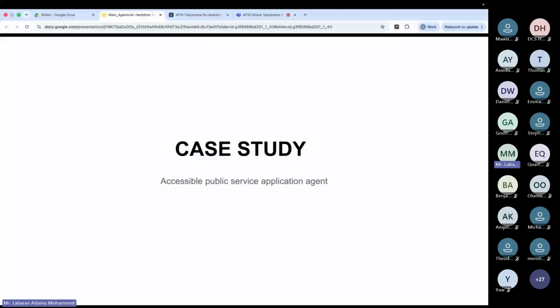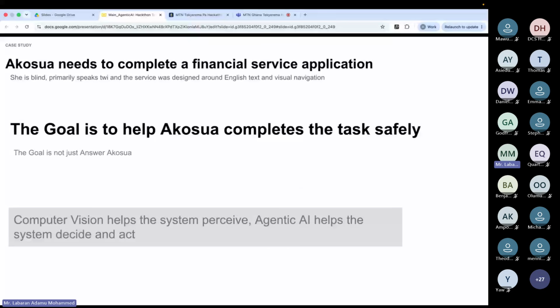Let's look at a situation where we are building an accessible public service application agent. Let's say we have a friend called Akosua or Bernard. The person is blind and wants to complete a financial service application.